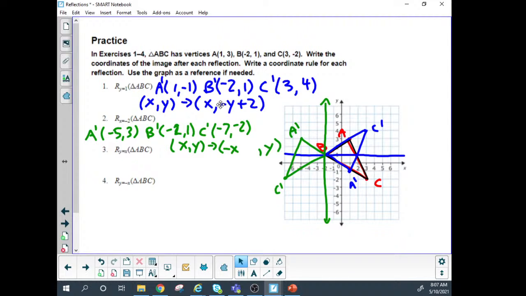Subtract 4. Interesting. Well, notice the line of reflection is at x equals -2, right? Notice -2 stays at -2 for the x. 1 goes to what? -5. So if I'm thinking opposite x, I got -1 and I got to get it down to -5. -3, we got to take it to -7.